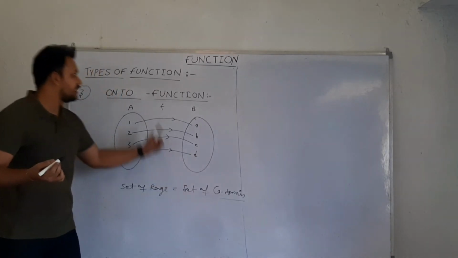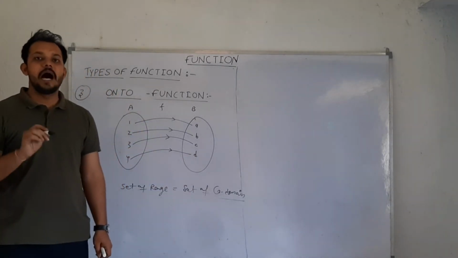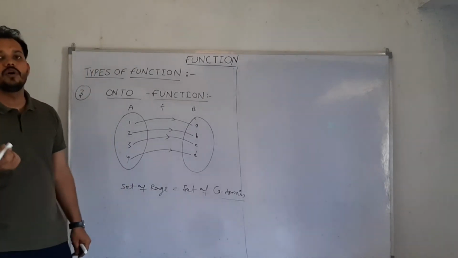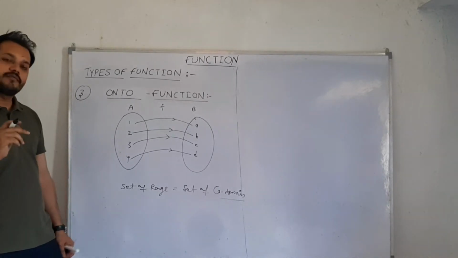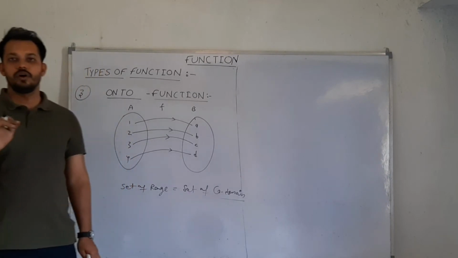This type of function is called an onto function. Now the question is how to check whether a given function is onto or not. To check, again we have a working rule.